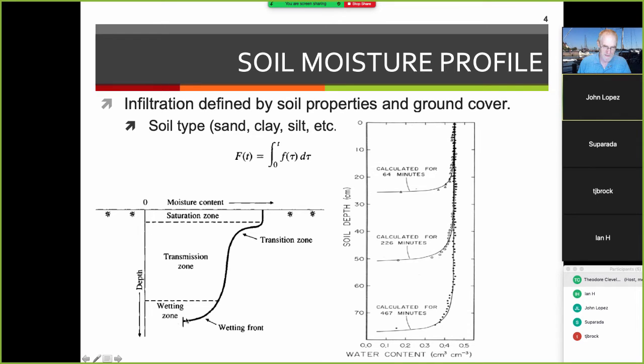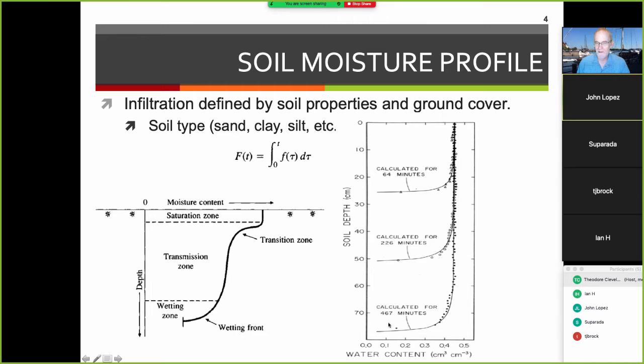That knee, if you will, is called a wetting front. And our infiltration models often assume that below the wetting front, the soil is dry, and that's the terminology used, and above the wetting front, the soil is at field saturation. That's not realistic from a soil scientist perspective, but it's an awful useful conceptual model.